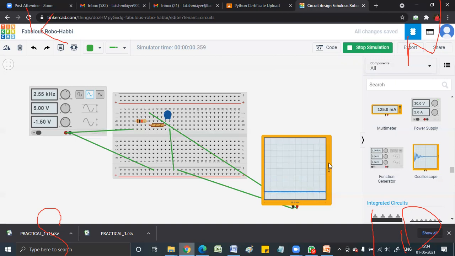Can you see this? Giving an offset of minus 1.5 means I'm shifting the signal down by 1.5 volts. This is my 0th line, this becomes minus 1.5, and my signal is so small that it is looking like this, fading like this. This is the signal.